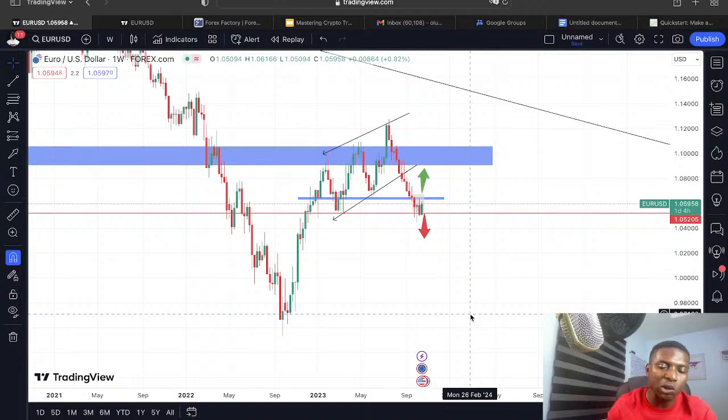When price has consolidated for a while, always prepare to take your trade after a breakout. You might not want to take your trade just within that range or when the price is still moving in range. You might want to take your trade when the price is already breaking outward to the upside or to the downside.